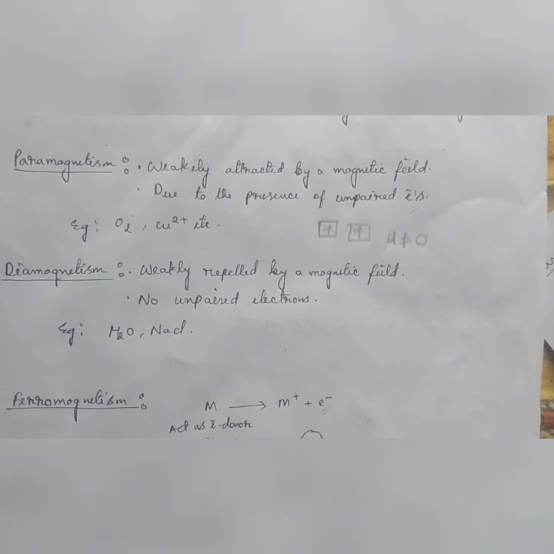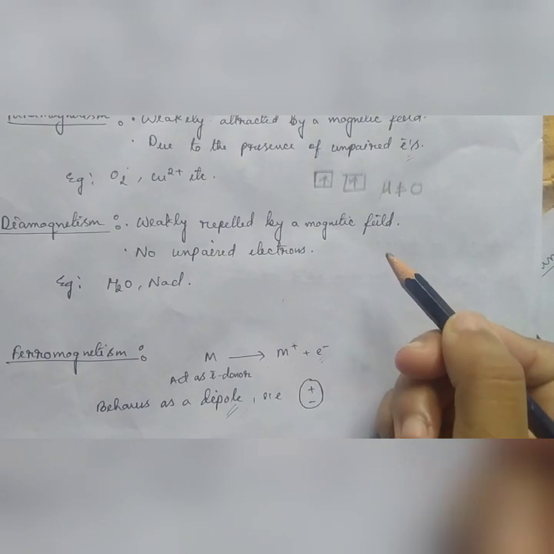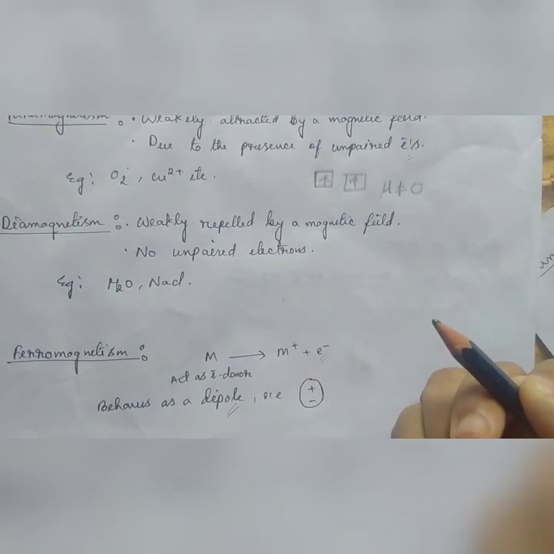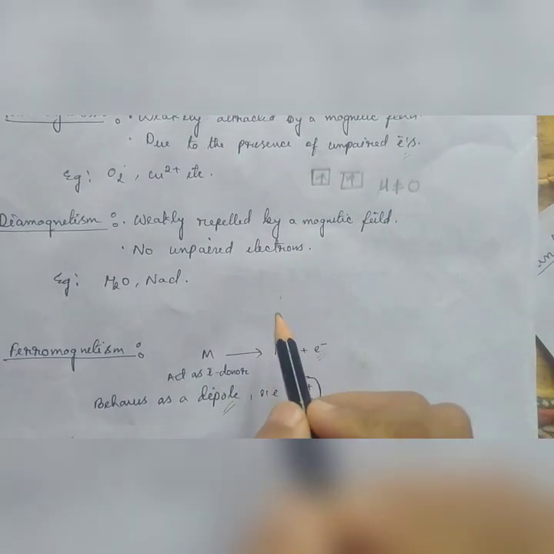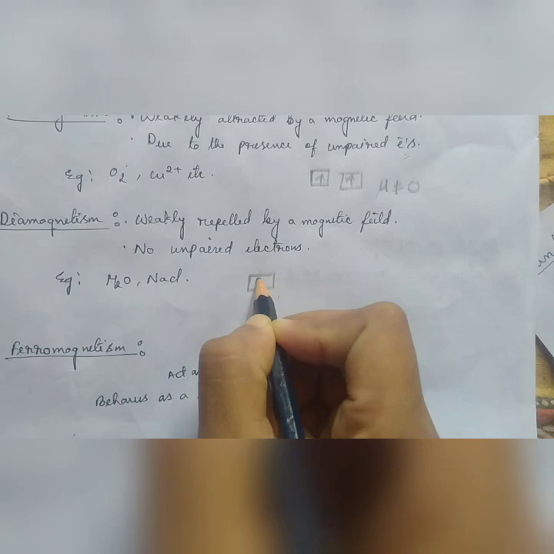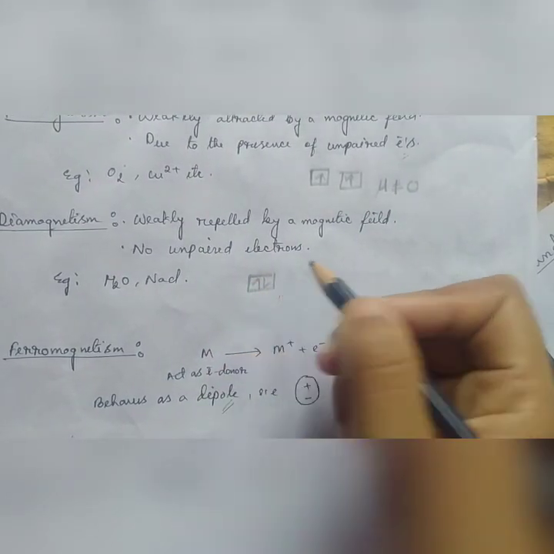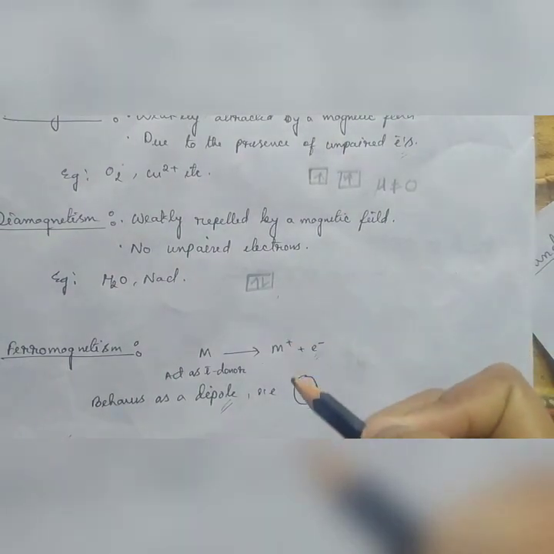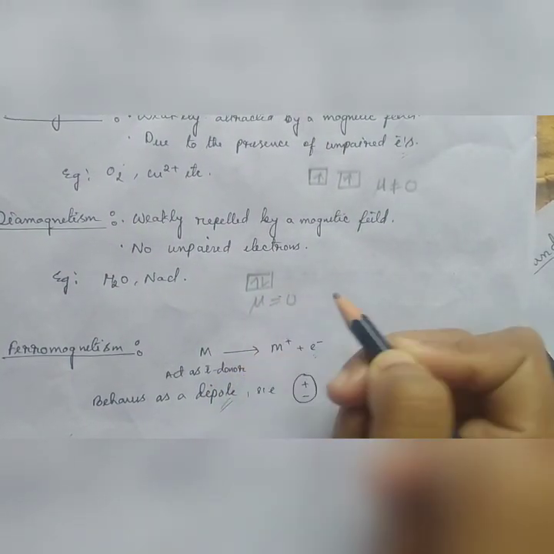Diamagnetism. Now those substances which show diamagnetism are weakly repelled by a magnetic field. Okay, and they don't have unpaired electrons. Now doesn't have unpaired electrons means what? The valence electrons are paired. Paired means what? One electron will be in an upper direction, another will be in a lower direction. So in diamagnetism mu will be equal to 0.